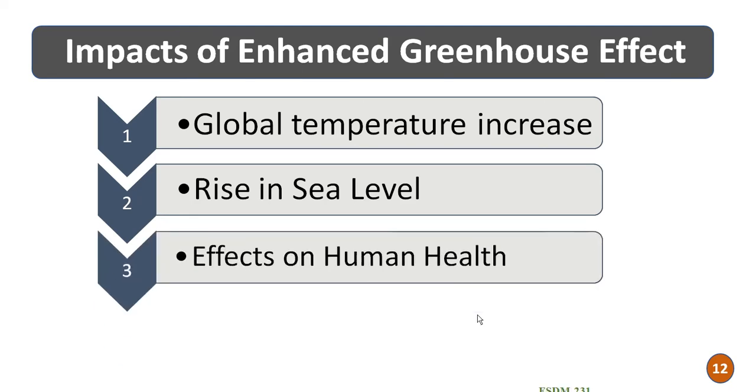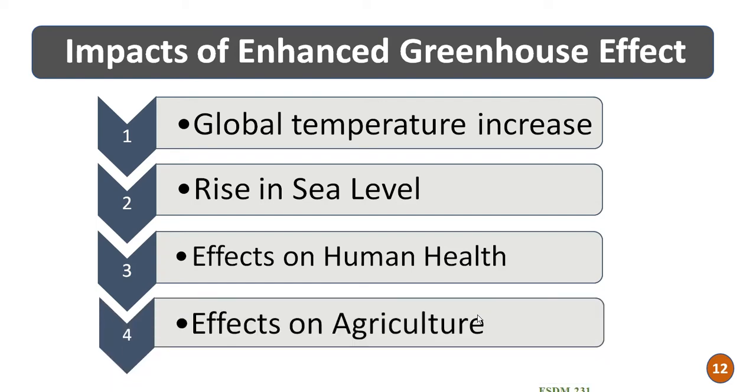Then effects on human health: due to these greenhouse gases being present at or above the standard quantity, effects on human health are reported, mostly from very dangerous gases like HNO3, SO2, carbon dioxide, carbon monoxide.